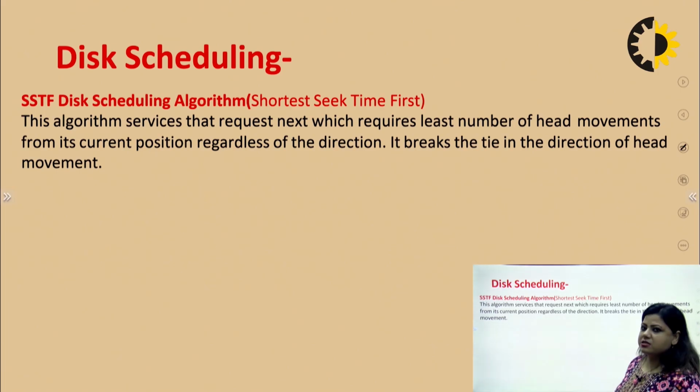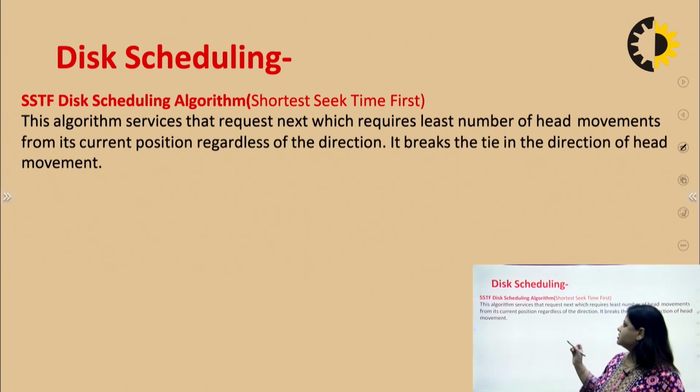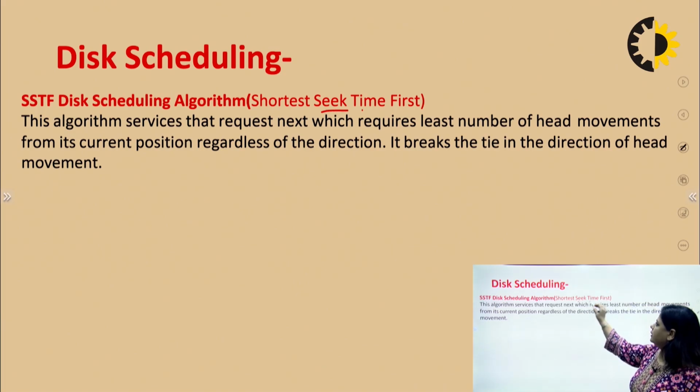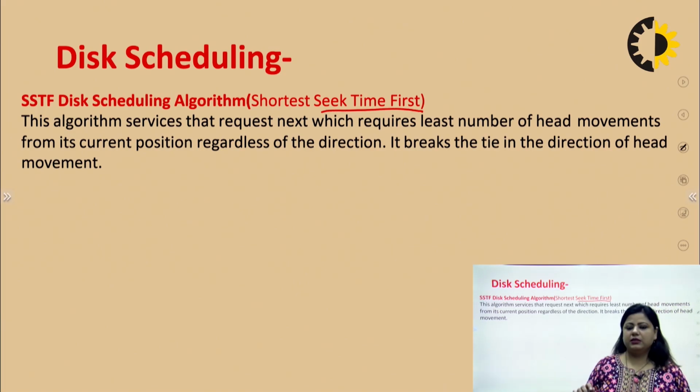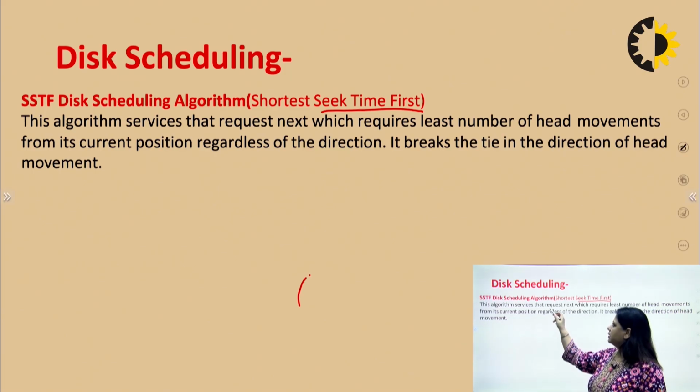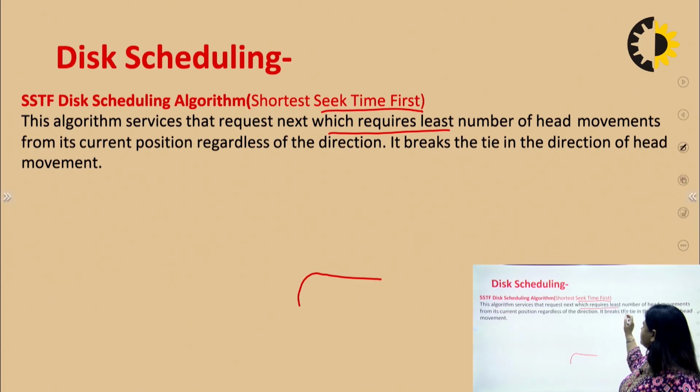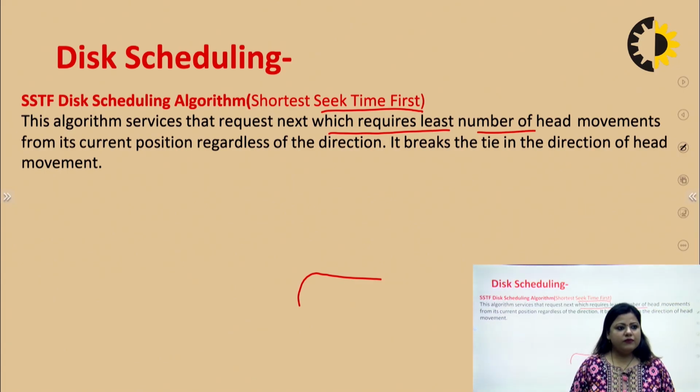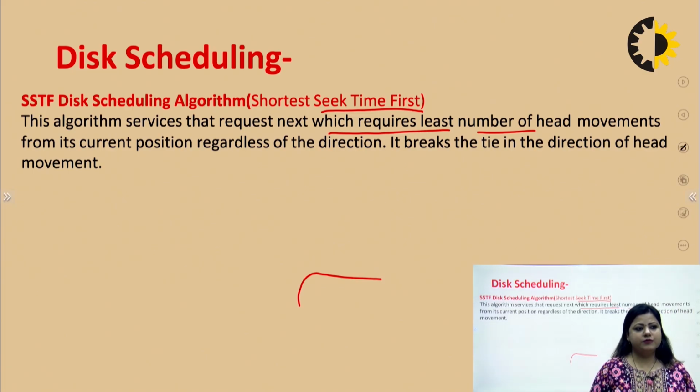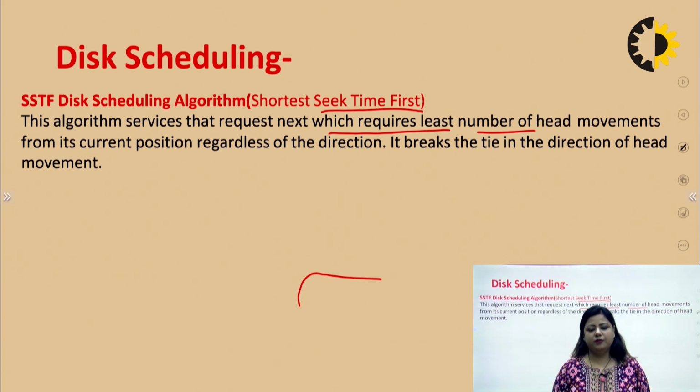Now next is the SSTF disk scheduling algorithm, which is also known as shortest seek time first. In shortest seek time first, the algorithm basically services the request next which requires the least head movement, or in other words it selects the request closest to the current head position.